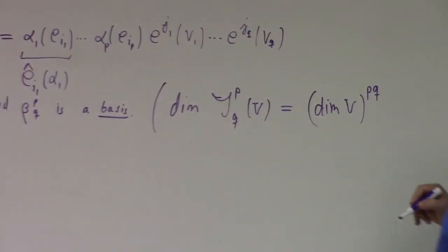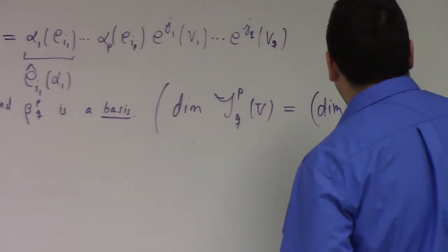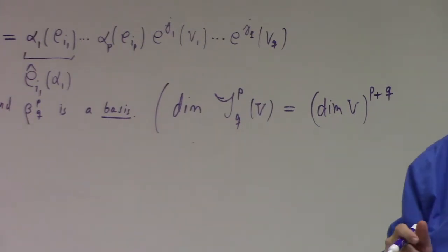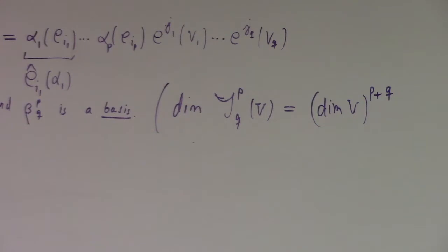In fact, the answer is this. No, still wrong. Plus Q. Well, tell you what, I'm going to say that. Let's go on. We'll see if we agree as we go on or if we need to fix this. I think it's right, though.